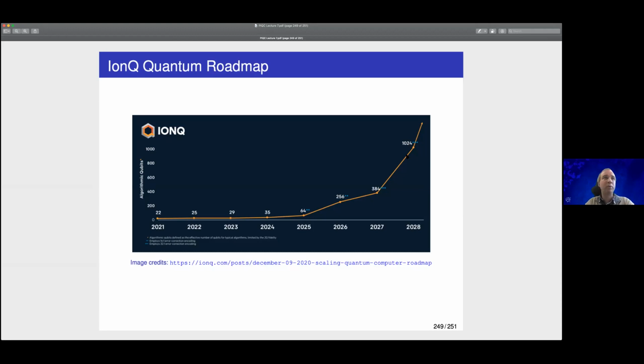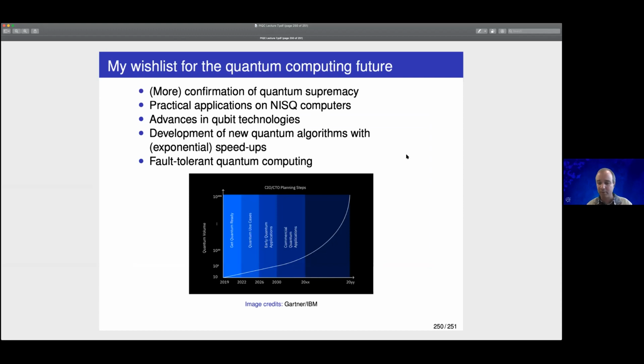Okay, so I think we are going to see quite a lot of development in the following years. And my wish list for this near term, or for a more medium term, would be first to have more confirmation of quantum supremacy, this experiment done by the researchers in China, other groups working in different approaches or confirming the same approaches.